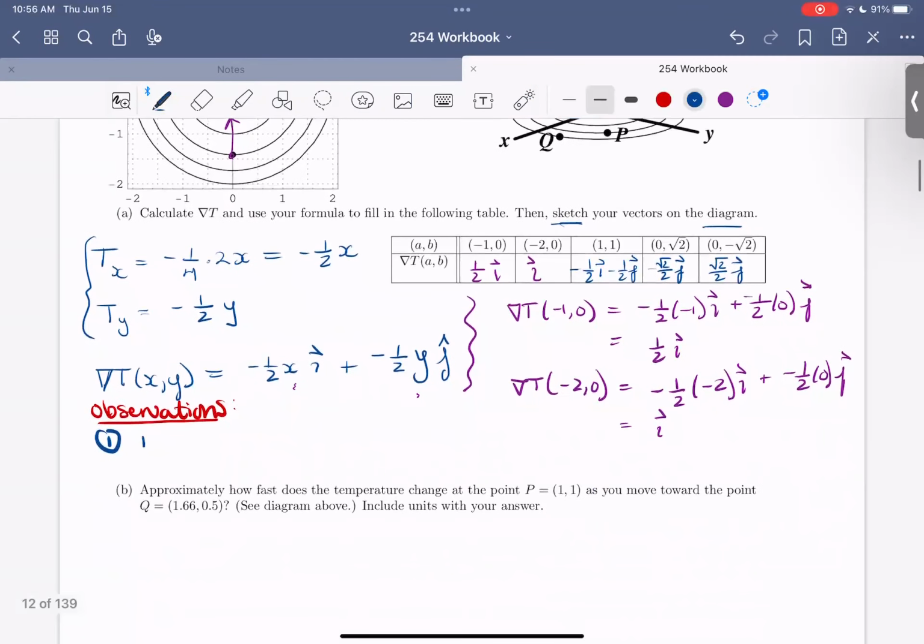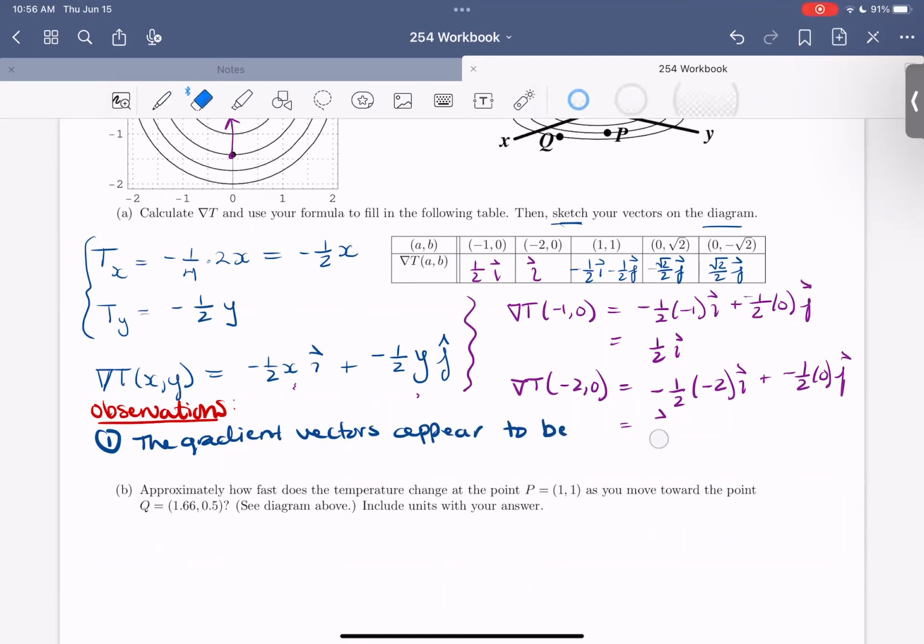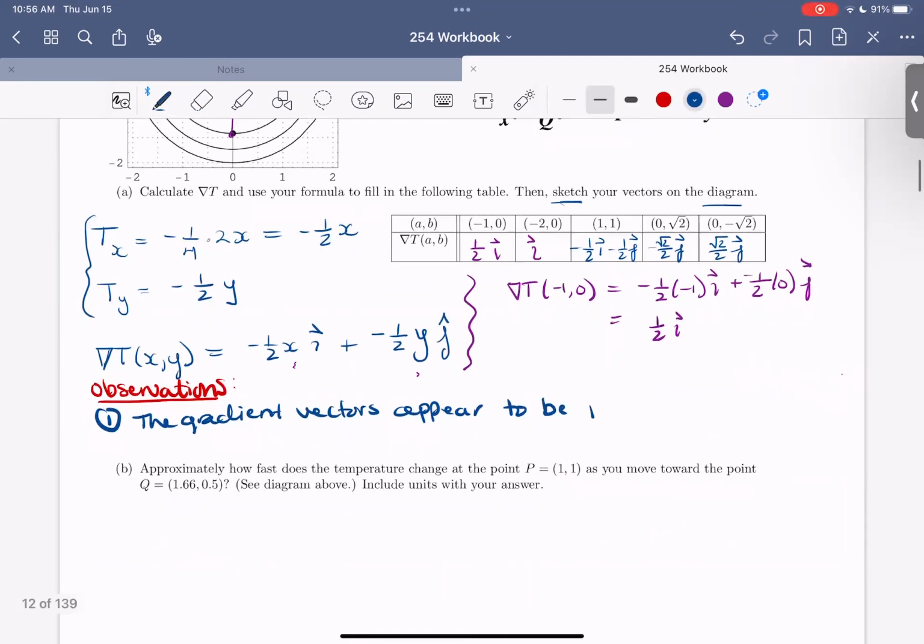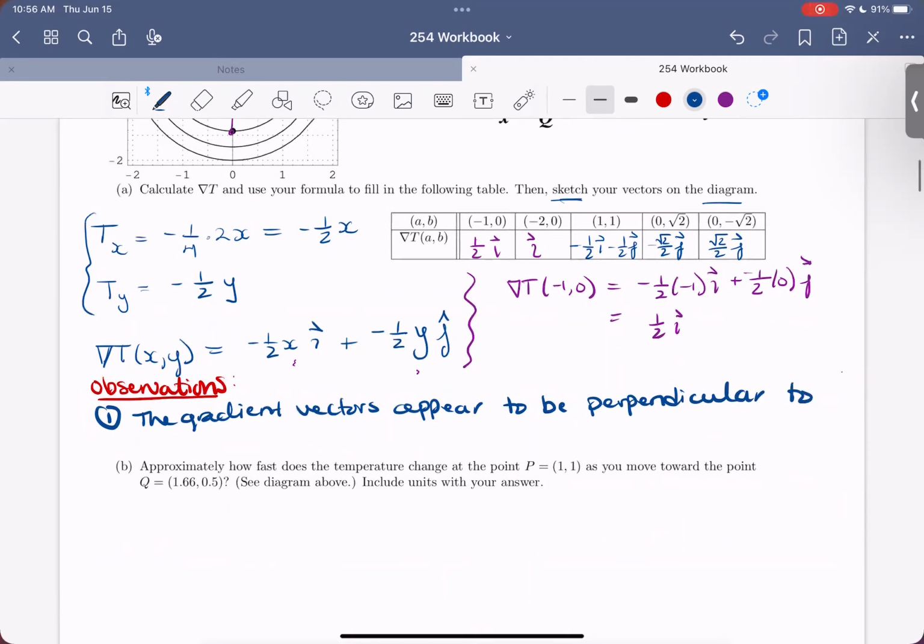So first observation, the gradient vectors appear, we don't know it yet, but they look like it, appear to be perpendicular to the level curves of T.